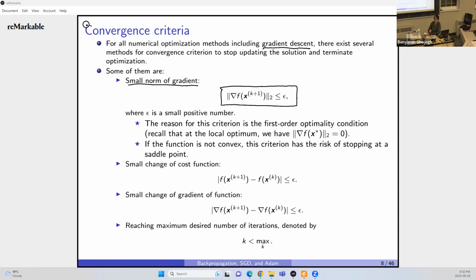But it has a flaw. What is the flaw of that? Consider this function. So I'm going down from here. If I do that, I will stop here.